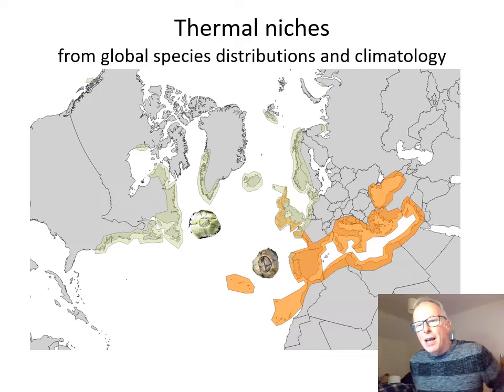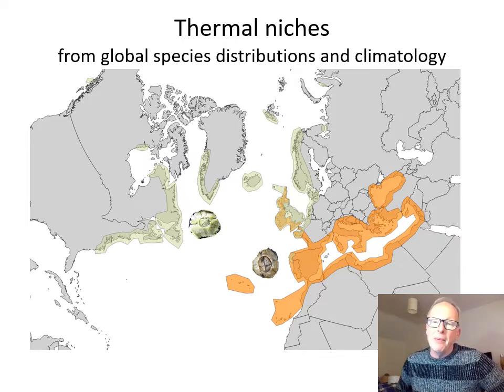And what I'm going to be talking about is the thermal affinities of a whole bunch of species, and trying to work out what the average thermal affinity across those species is, and seeing whether that thermal affinity is changing in relation to climate change.